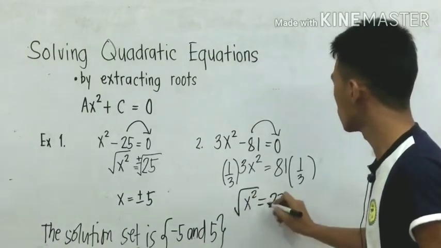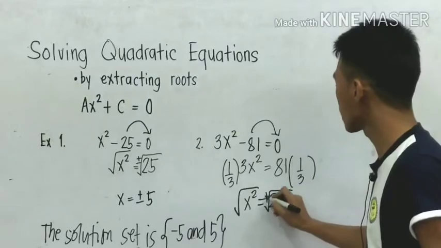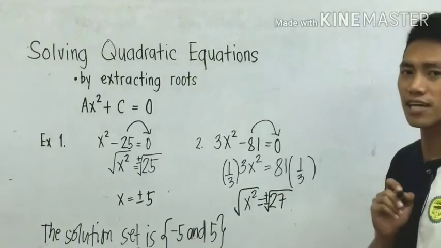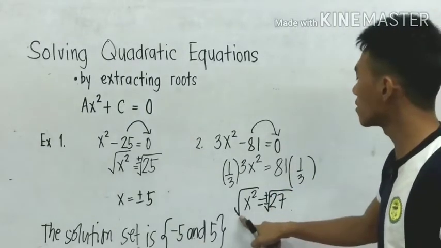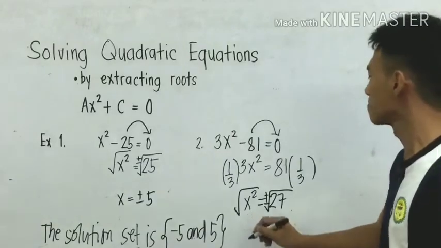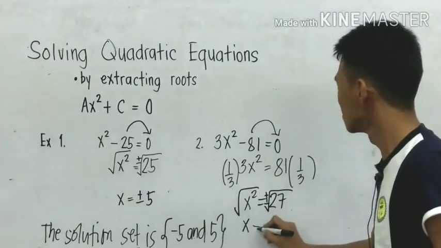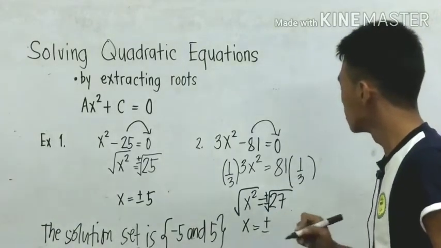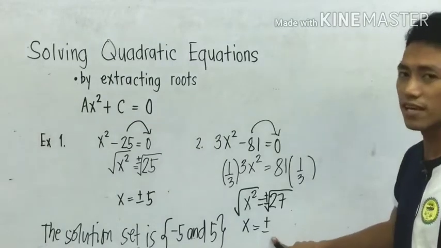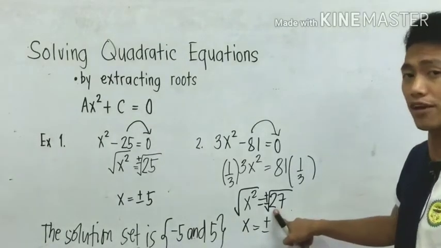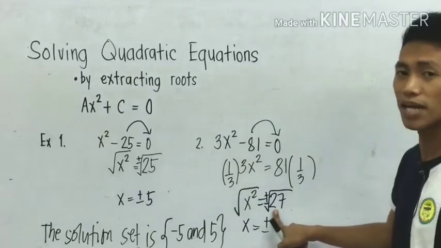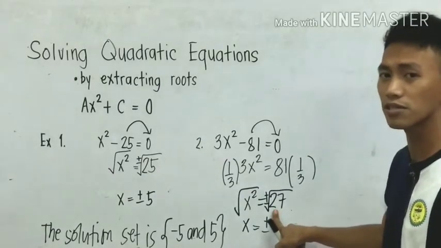So square root na to both sides. Don't forget the positive negative sign. So square root of x squared is x. And then the sign positive negative. Is 27 a perfect square? Para mas diretso na to sa square root?